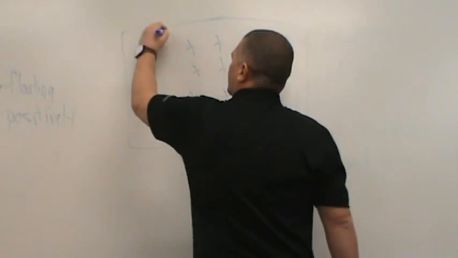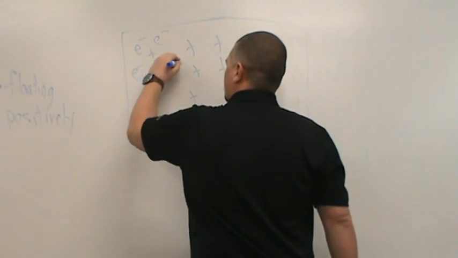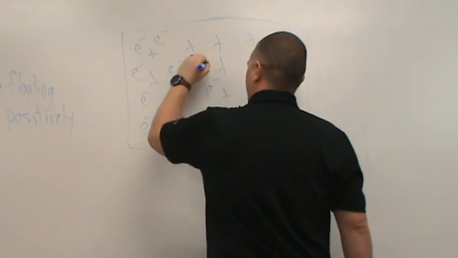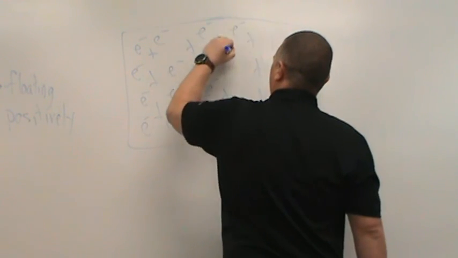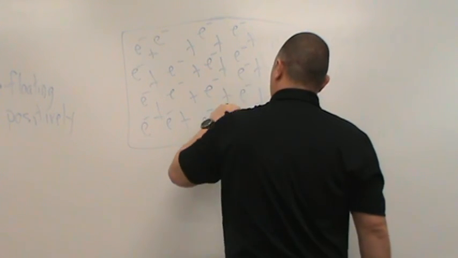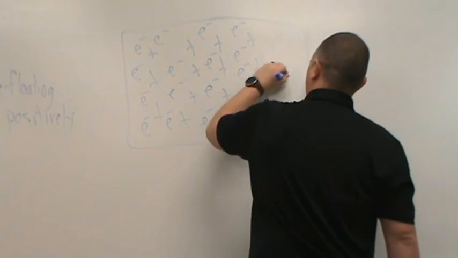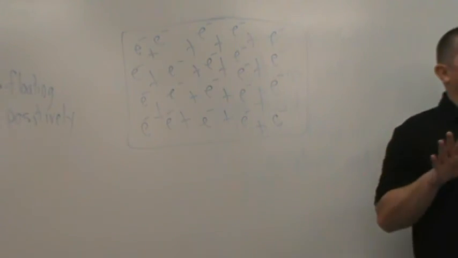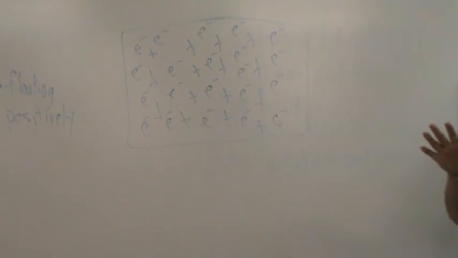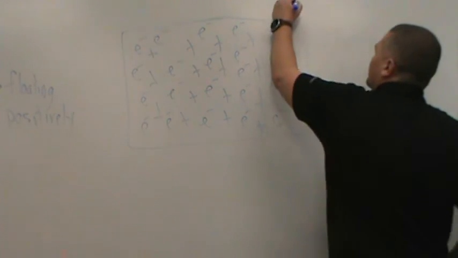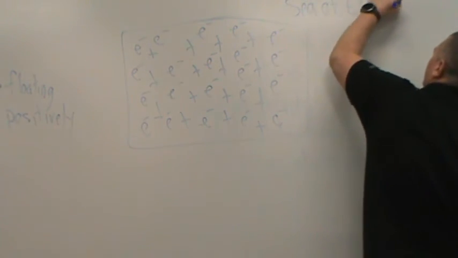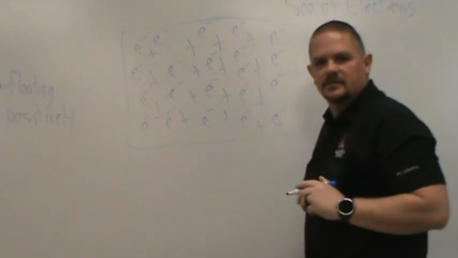Then around them are all these valence electrons. And since these metal cations are around all these free-floating valence electrons, they say that they are in a sea of electrons.